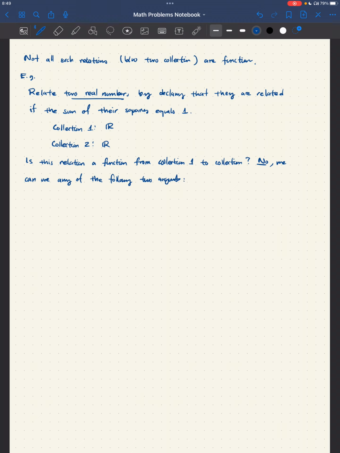What will be the first? Well, the number 3, which is a member of the first collection, as it is a real number, is not related to anything in collection 2.